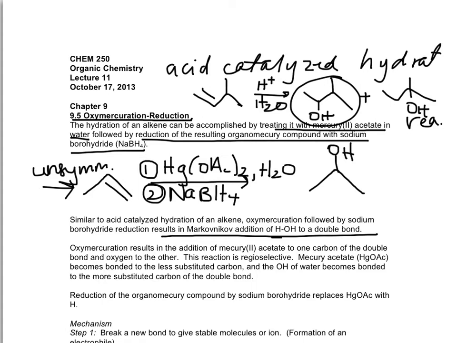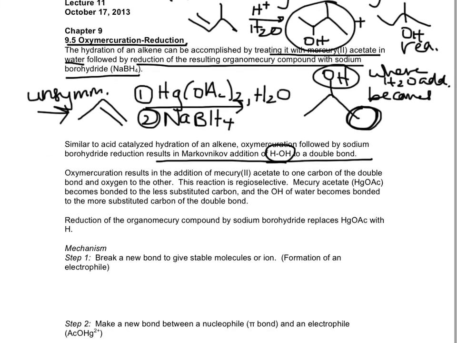The net reaction is adding water across the double bond, so that this becomes hydrogen, and the OH is where the water added. I'll go through the mechanism so that you can see it in a little bit more detail.